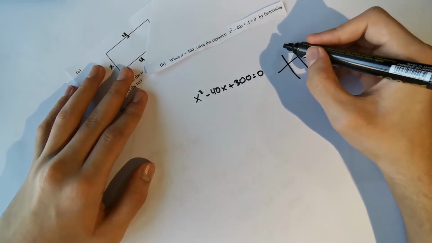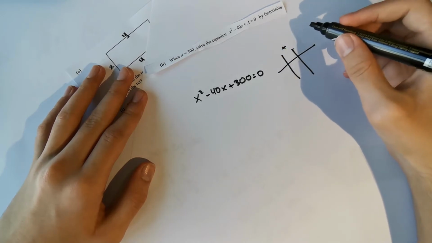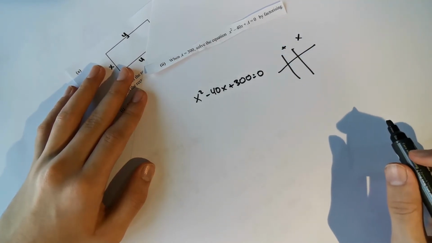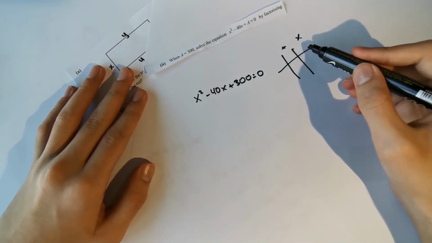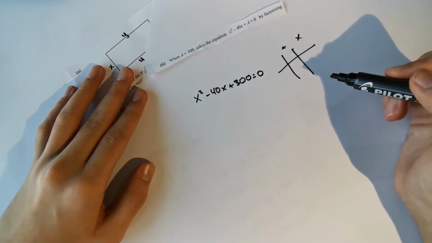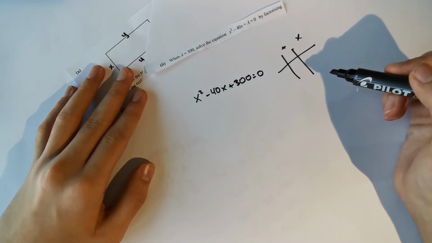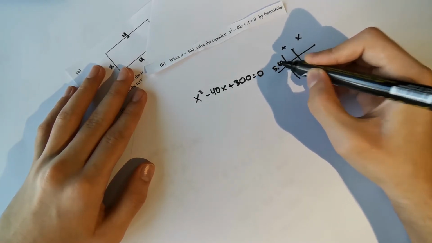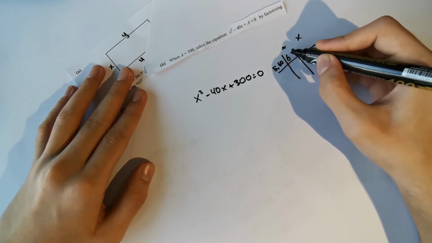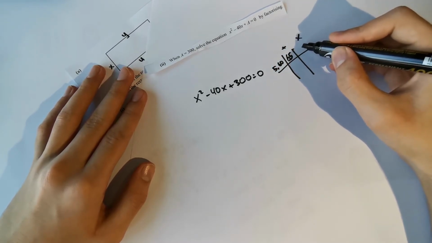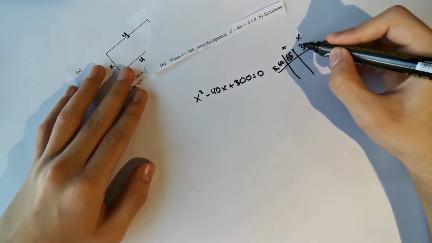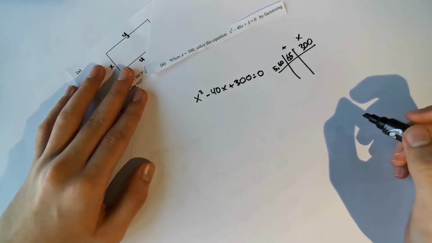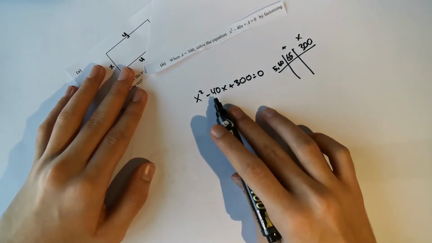Add up here the sum and the product. Okay, so two numbers that multiply to give 300. We can use 5 and 60, for example. If you use 5 and 60 here, they add up to give 65, but the product is 300. Of course, we need negative 40, so that's wrong.